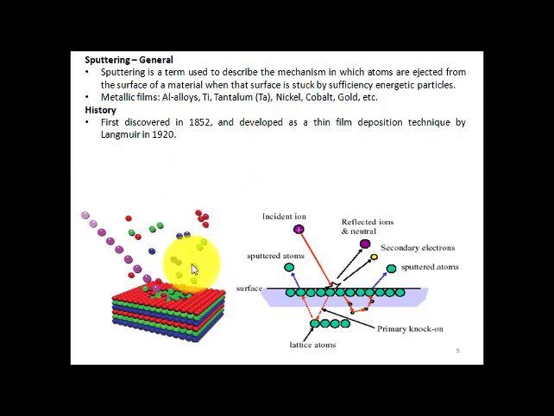In addition to red atoms, the green atoms and blue atoms which are present on the second and third layers on the surface of the material are also ejected. So sputtering can occur just on the first layer of atoms or the second or third, even on more layers of atoms. So this is a simple procedure of sputtering.